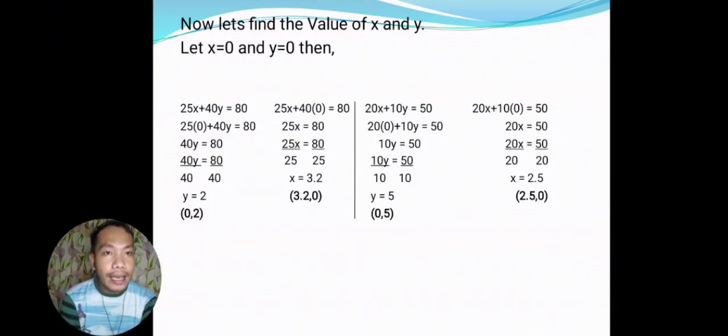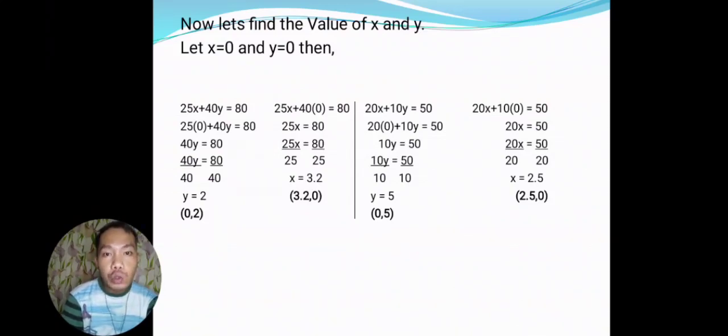Now we will get another one for our x value. So 25x plus 40 times 0 equals 80. So 25x equals 80, divided by 25 on both sides so that the coefficient of x becomes 1. x equals 80 divided by 25.